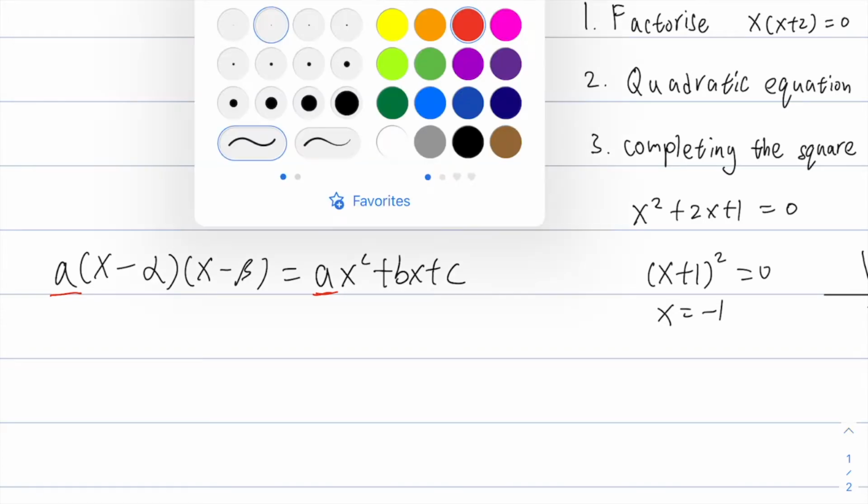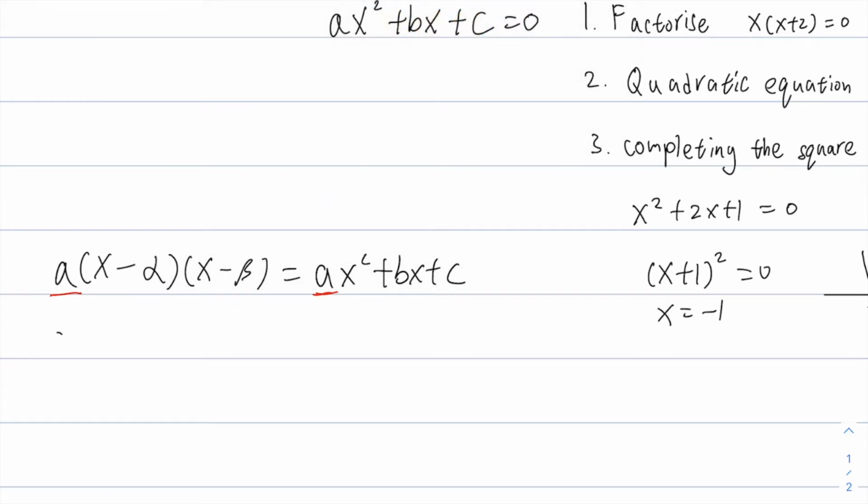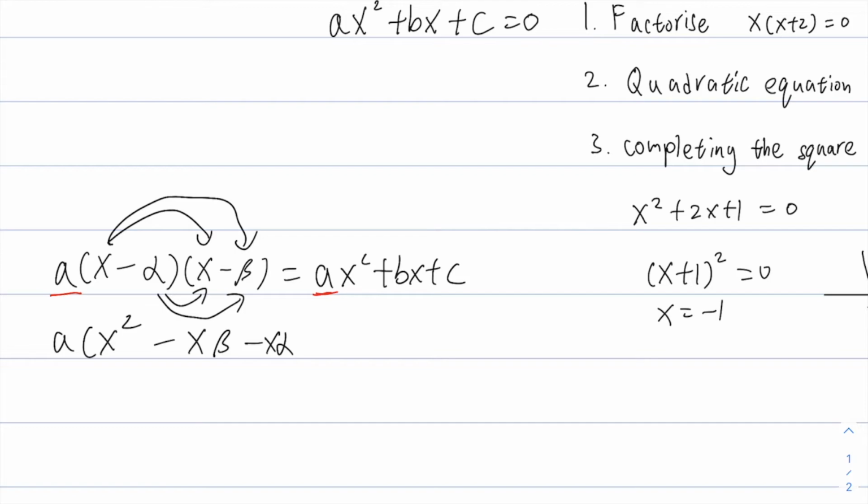So we want to expand it now. x times x is x squared, x times negative beta is negative x beta, negative alpha times x is negative x alpha, and negative alpha times negative beta is plus alpha times beta.